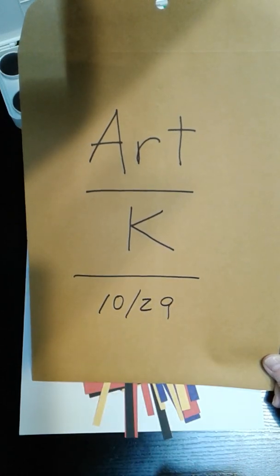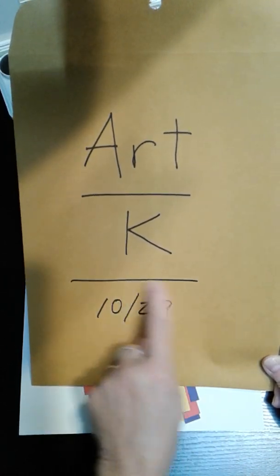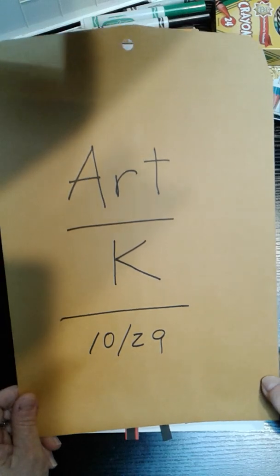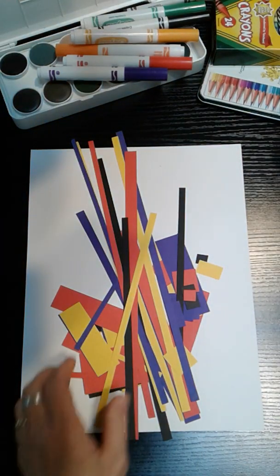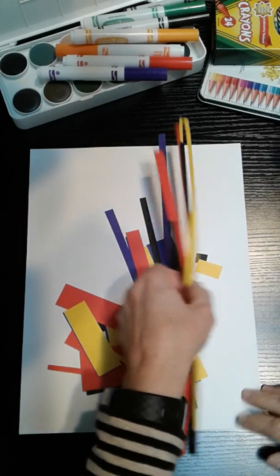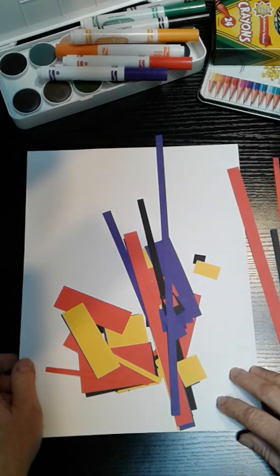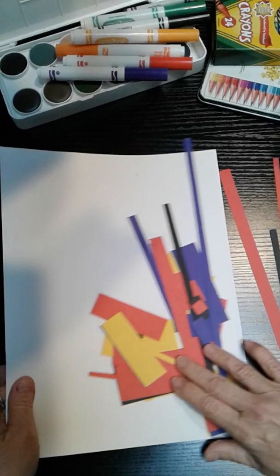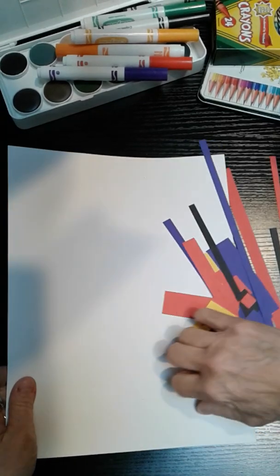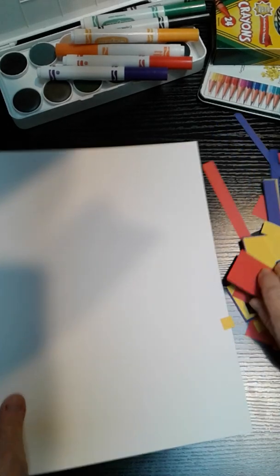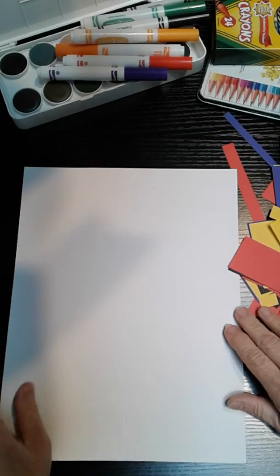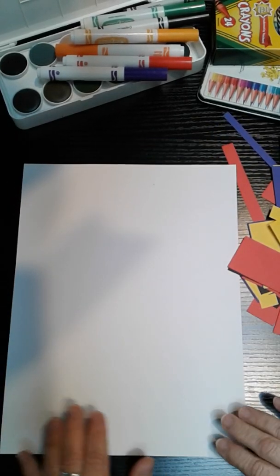K is for kindergarten. And this is today's date, October 29th. And inside this envelope is a whole bunch of strips of paper that I've cut up. Now, you might have your own paper in these colors at home, and you might want to cut them up yourself, but I thought maybe it would be easier if you could pick them up at school.